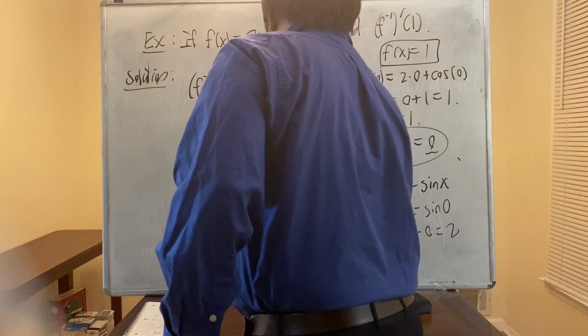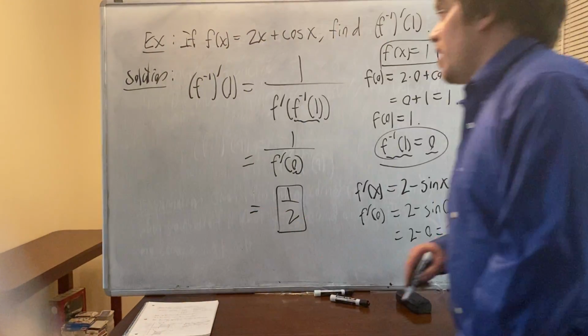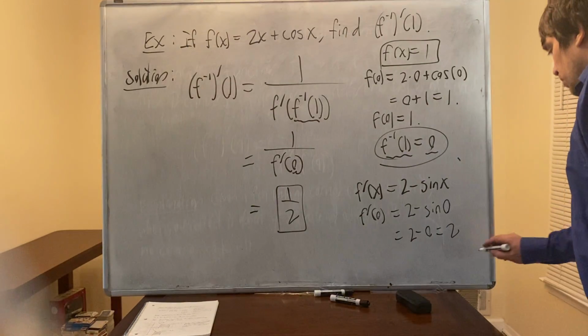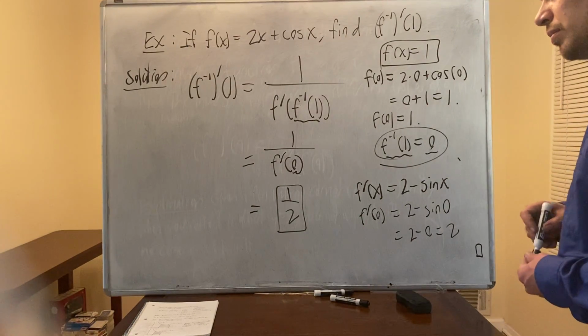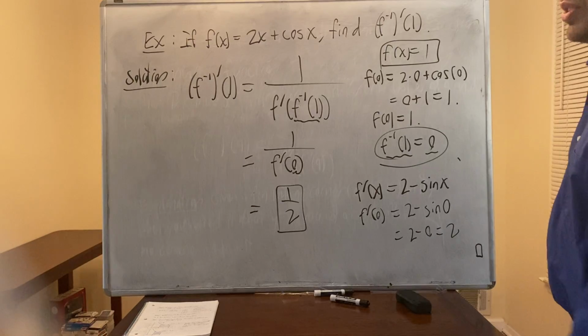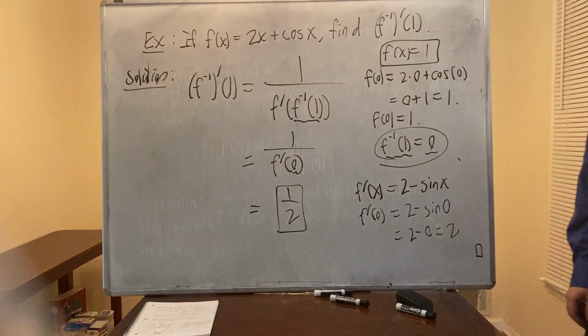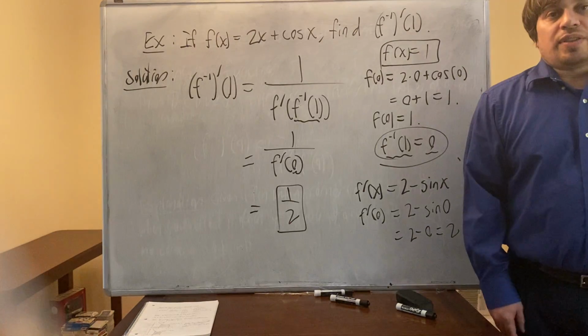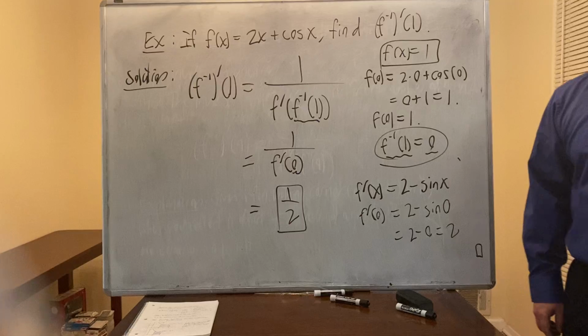And so you just plug that in, you get 1 over 2. So f inverse prime of 1 is 1/2. Okay? And so that's using the inverse function theorem to find f inverse prime of 1. It's 1/2.